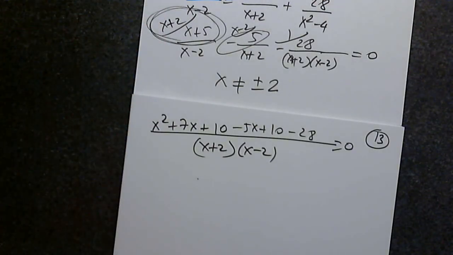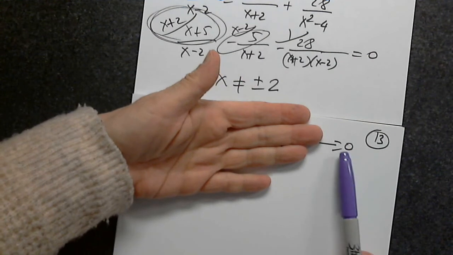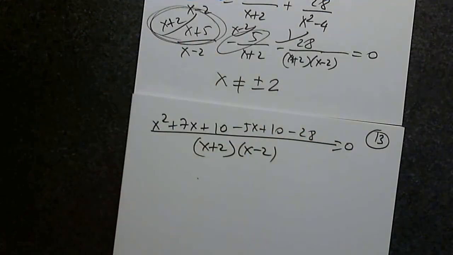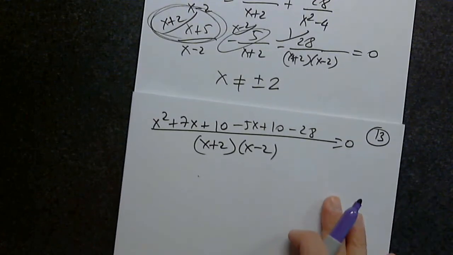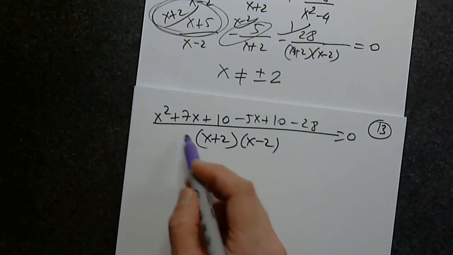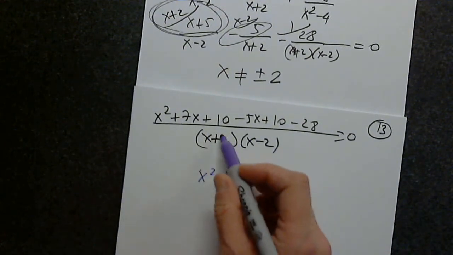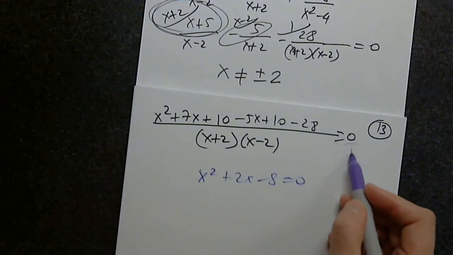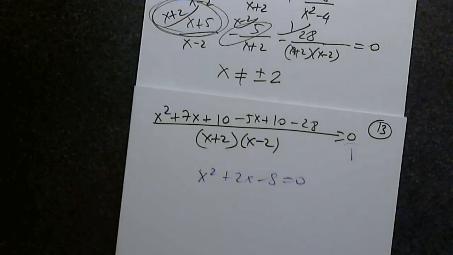Now, you can change it to a proportion and cross multiply, but you also know that the fraction is 0 when the numerator is 0. So you don't really have to cross multiply anymore. So this is x squared plus 2x minus 8 equals 0. Or you put it over 1 and cross multiply, you get the same thing.